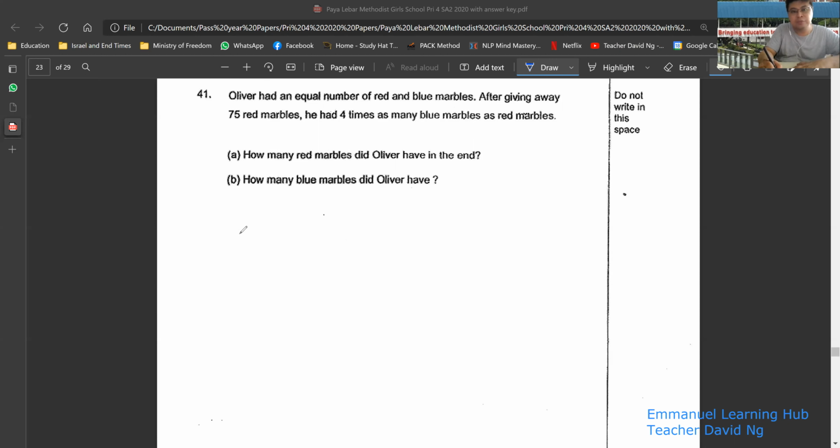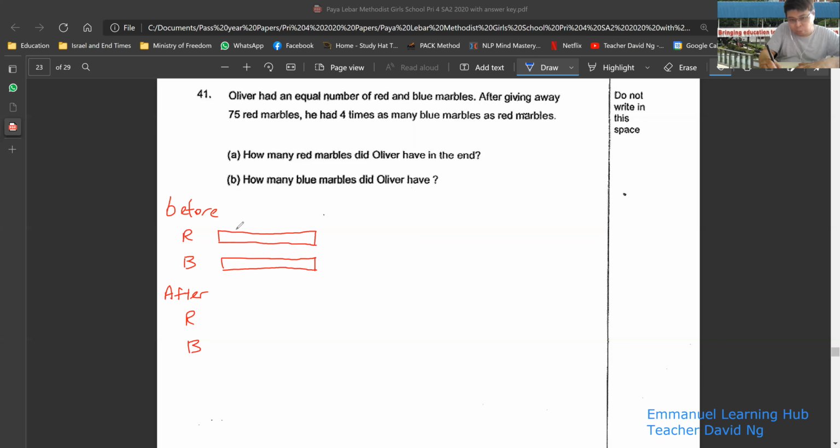So before, you have red and blue, and after, you still have your red and blue marbles. Before anything happened, Olivia had an equal number of red and blue. Equal number means you draw the same length, right?